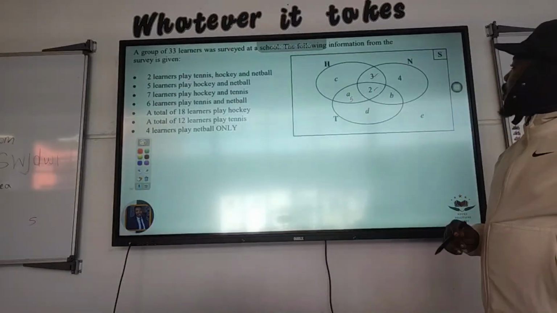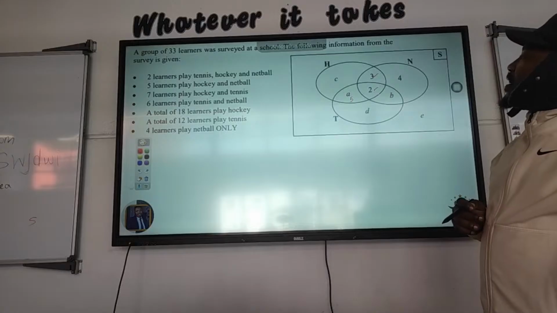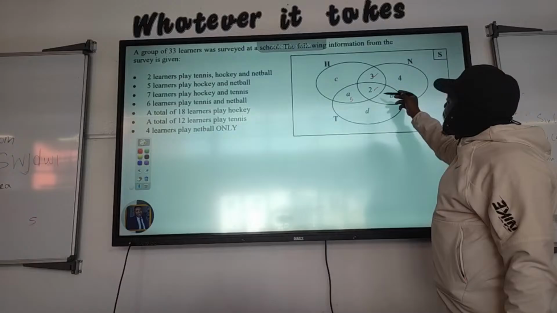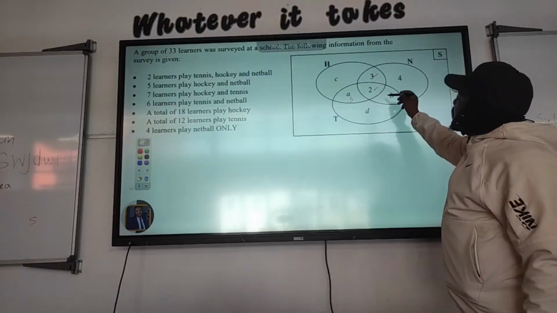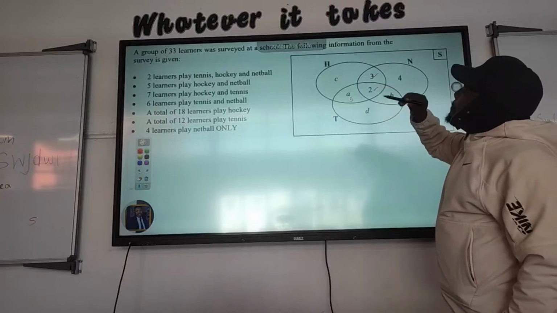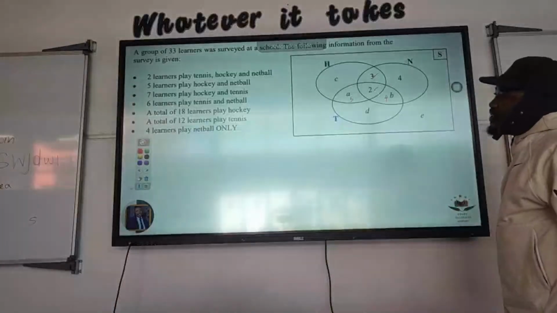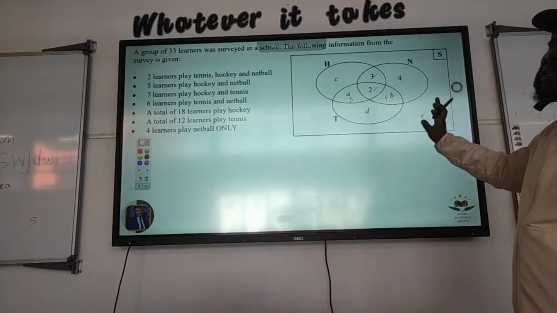Then we move on to the next one. We have 6 learners that play tennis and netball. So we subtract the intersection: 6 minus 2, which gives us 4. But if they said only, we'd just put the 6 as it is.